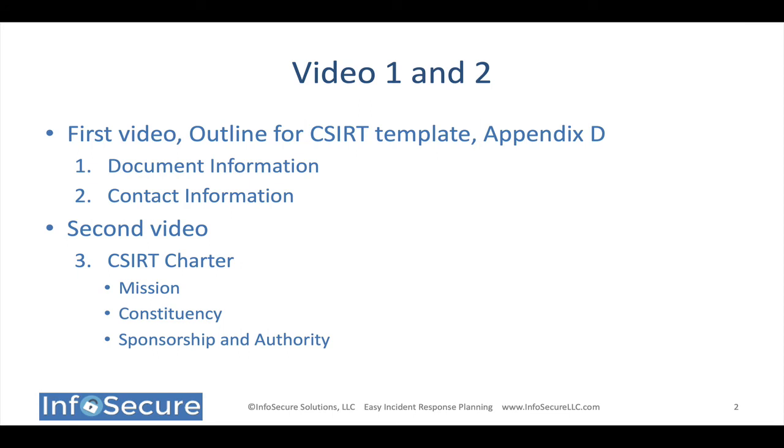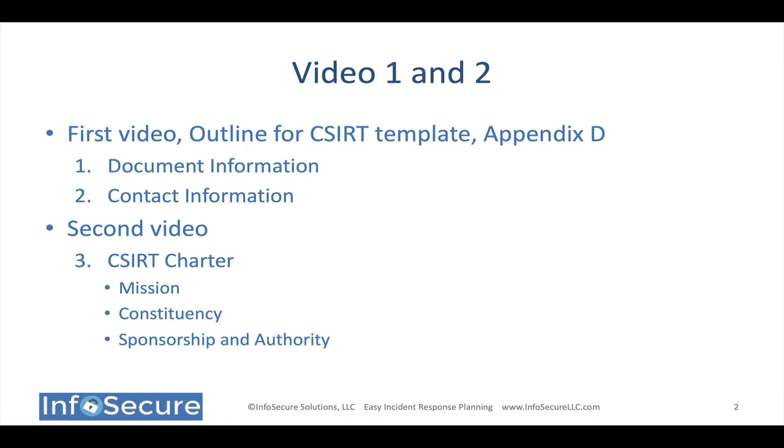So, videos 1 and 2. The first video introduced the outline for CSIRT template, which is in Appendix D, page 22 of RFC 2350. And we're using this outline in order to document our computer security incident response team. The first section was document information. The second section was contact information.